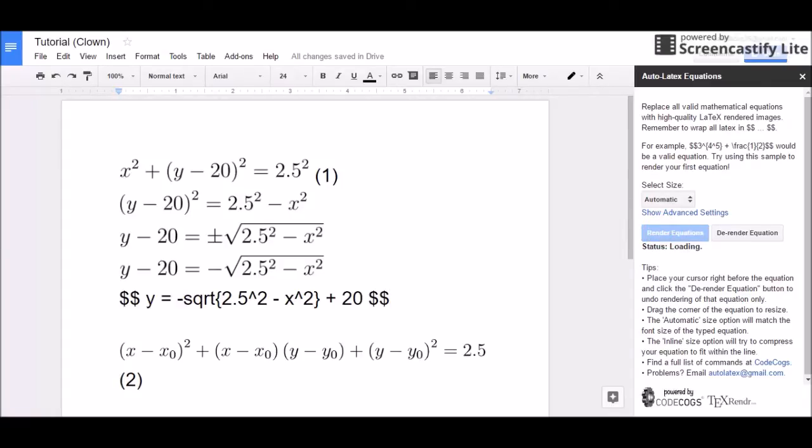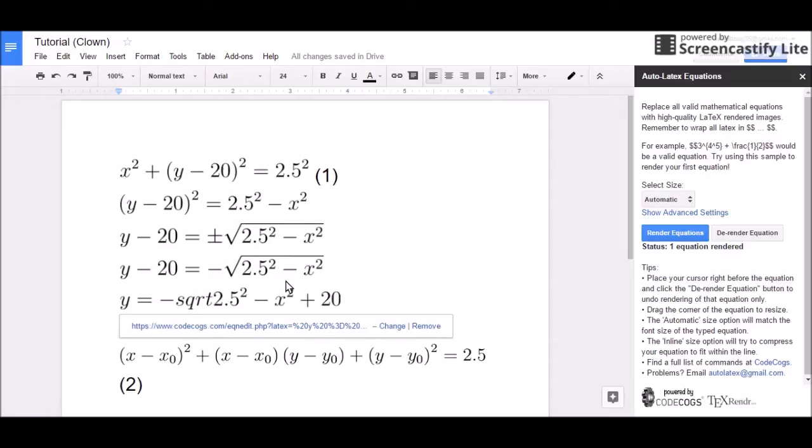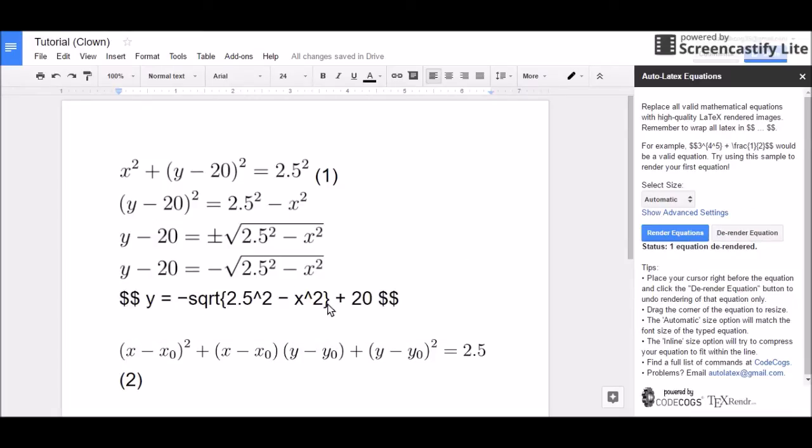Match anything up? Check my answer right now. Yeah, it looks good, because we shift up 20. Oops. A squared.